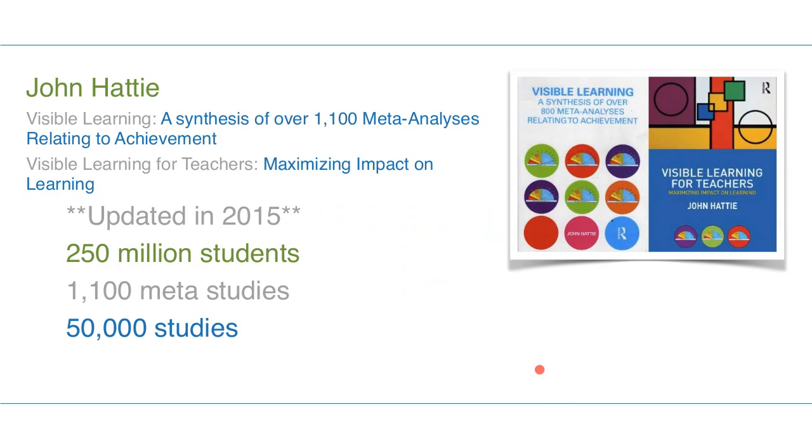Basically, he took all of the data. The original one was looking at 800 meta-analyses, all relating to student achievement. The updated one now brings in over 1,000 meta-analyses, a cross-section of about 250 million students. The first time I saw this, I thought, wow, because my background is science, and I like to see data and evidence backed up.